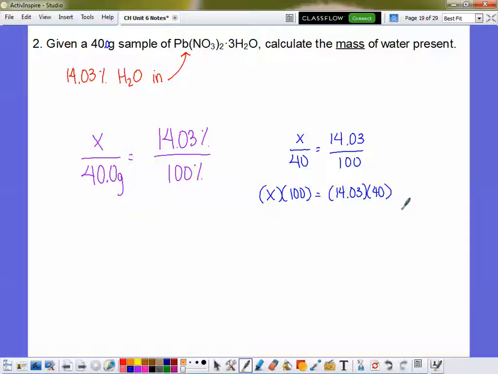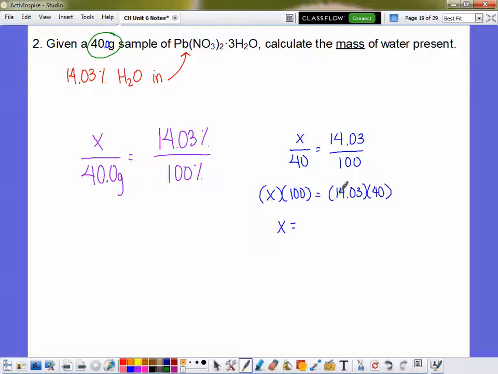And then you're going to divide. So you're going to multiply 14.03 by 40 and then divide by 100. At this point, it's just algebra. But we do need to account for sig figs because this is science, and science has uncertainty in the measurement. So we always look back at our measured value, 40.0 grams, and that has 3 sig figs, so our answer needs to have 3 sig figs.